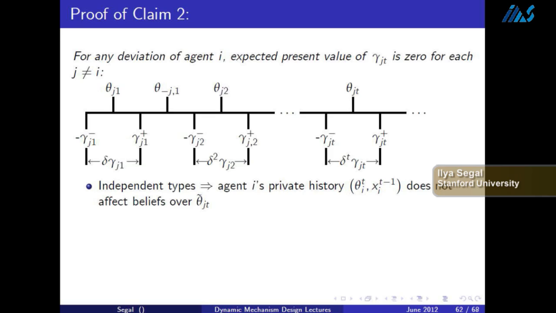The payments are constructed by the designer taking expectations given some beliefs, so the beliefs of the designer will still be correct, even if agent I deviates. So agent I will not have any informational advantage over the designer about the evolution of agent J's type.